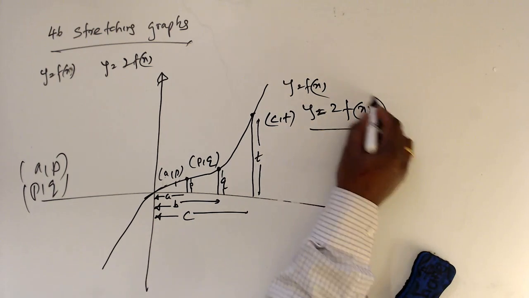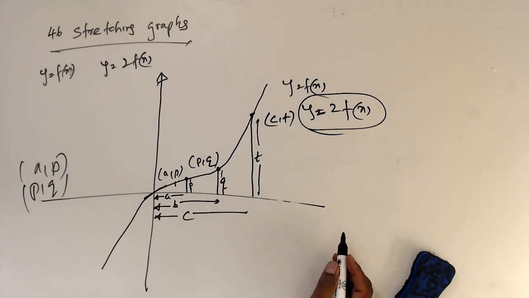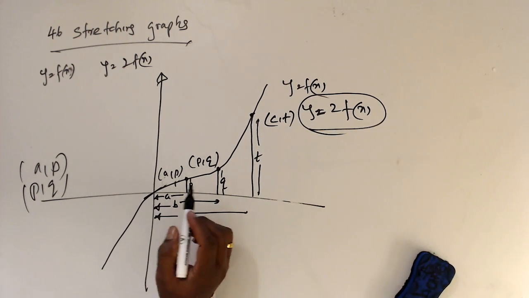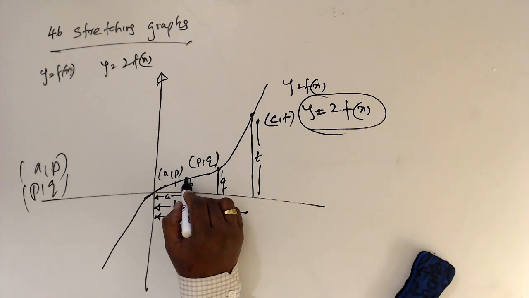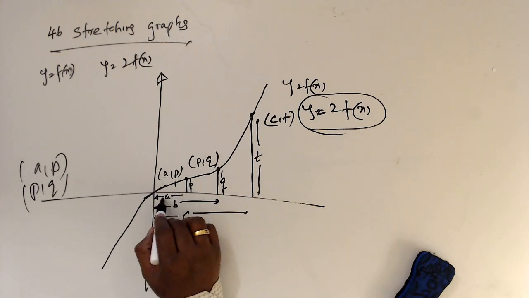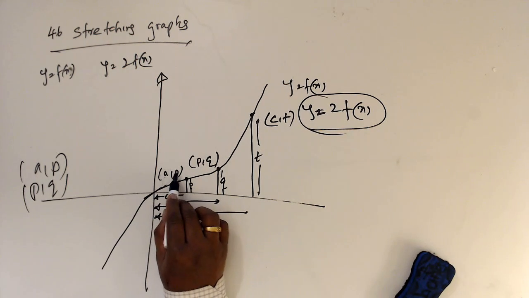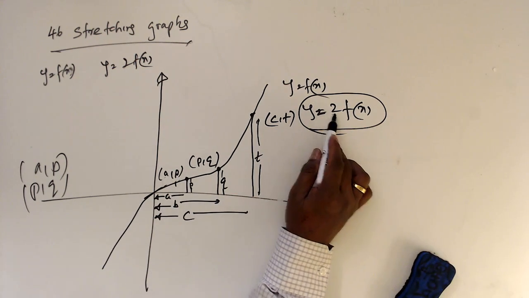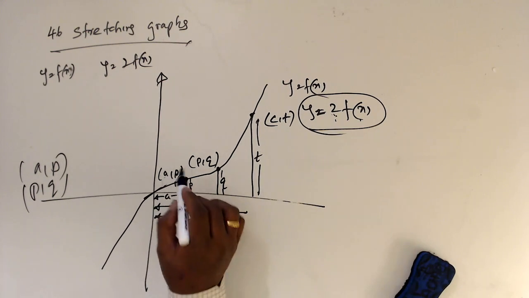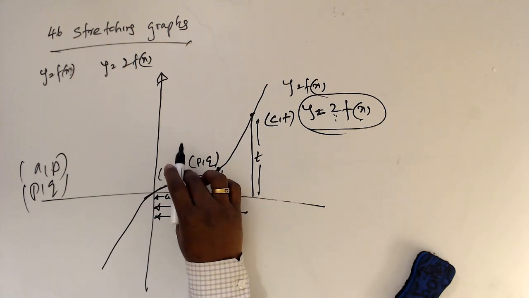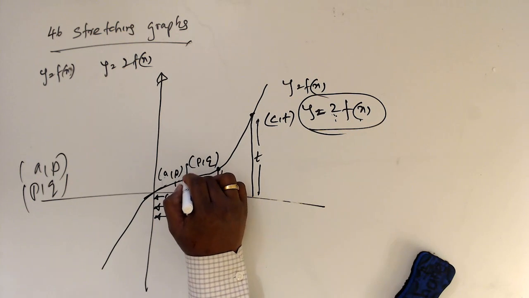Now I want to draw y equal to 2f(x). How do I draw? Now you can see that for this point, I'll keep the x value as it is. What is the command given? Double the y value. Okay, what is the y value? p. Then p doubled is another p, the same height.